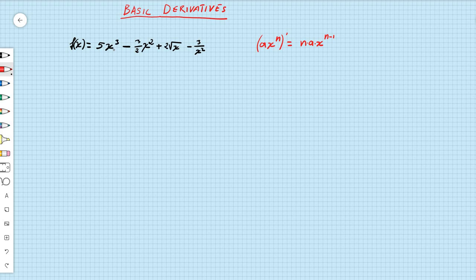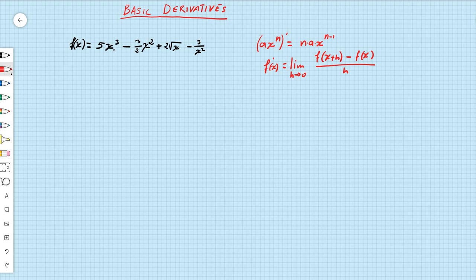The second formula is the definition of the derivative, which says that if you are trying to find f prime of x, you can do that equal to the limit as h tends to 0 of f of x plus h minus f of x, all over h. If you solve this limit, you'll find the derivative.